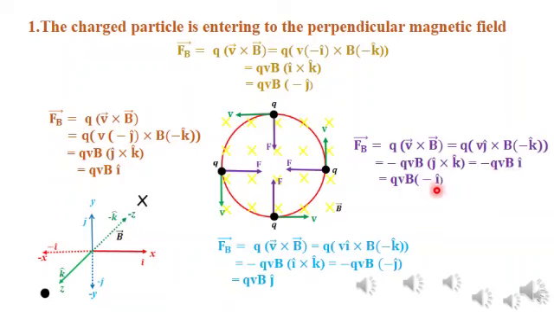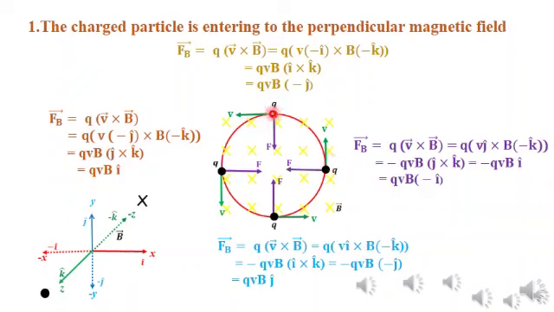So the unit vector of the force is minus i cap. It is clear that force acts in the minus x direction, meaning towards the left side. So the charged particle deflects towards the left side due to this force and reaches here.